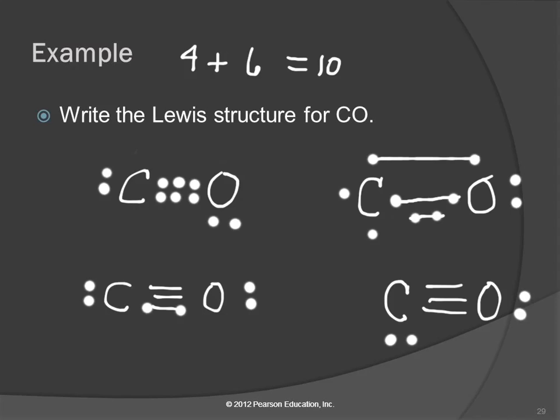Where you put the lone pair, as long as it's top, bottom, left, or right, is fine. Mastering Chemistry, I think, either wants you to show the dots for the bonds or the lines. I don't remember. If you read the directions carefully, it should tell you.